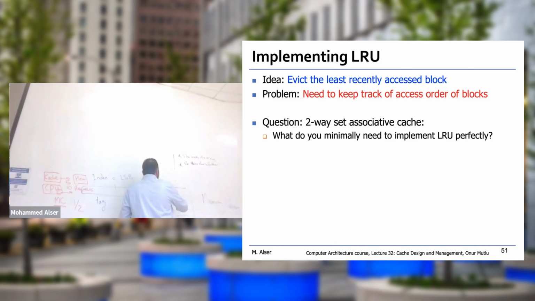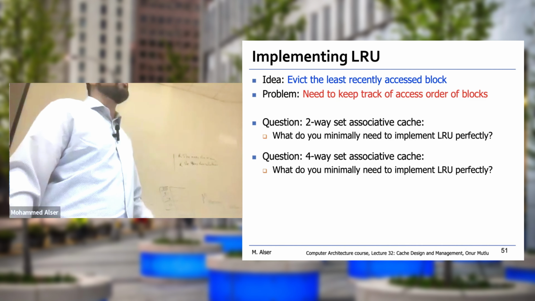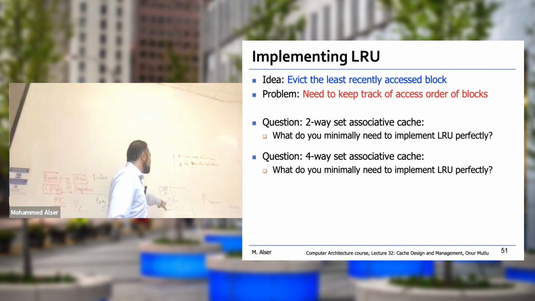So 0 0, 0 1, 1 0, 1 1, right? As simple as that. Then I can define what is least recently used. Is it 1 1? Is it 0 0? It's up to me. Based on that, I can use some kind of comparator and fix it to 0 0. If this is 0 0, replace that. Done.